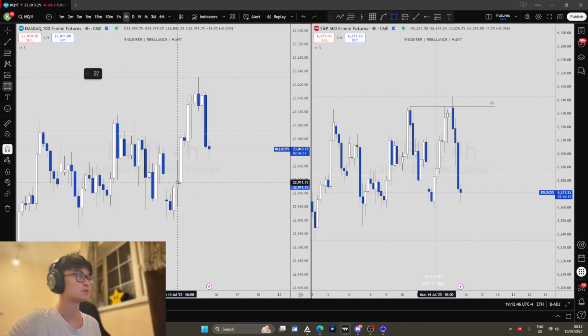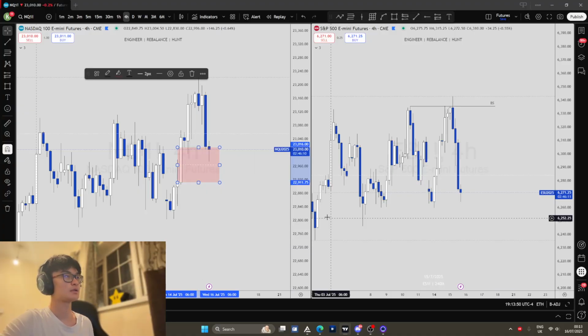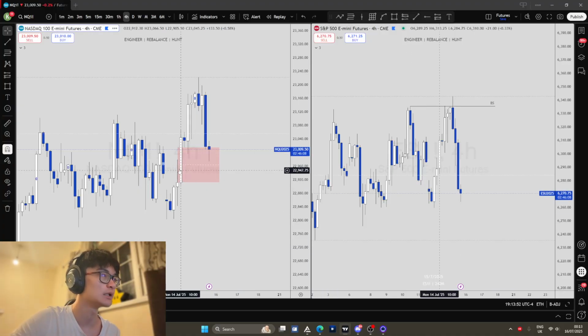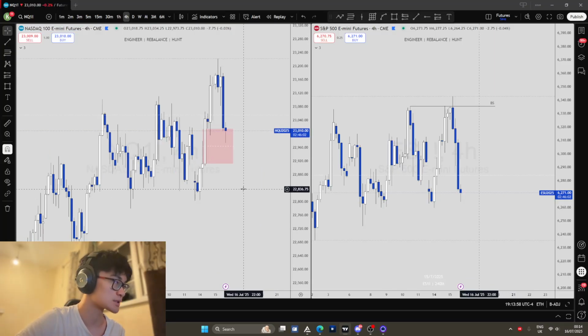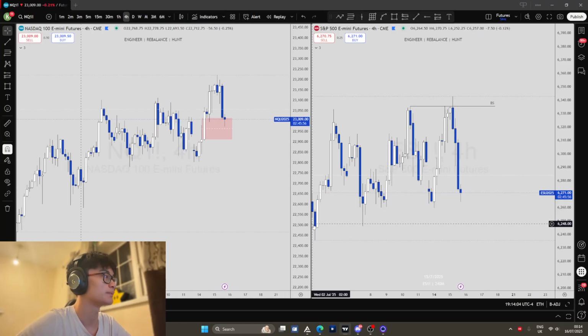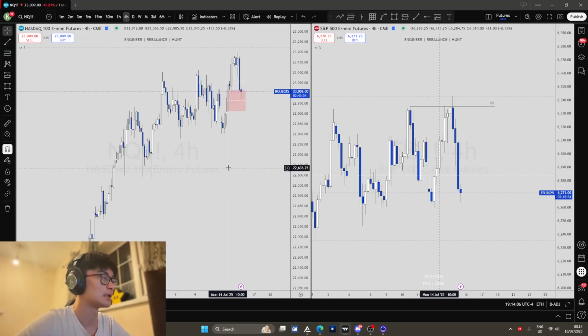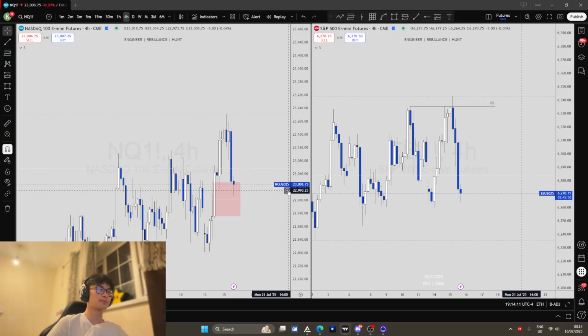Now, why do I involve the volume imbalance even when the wick has crossed consequent encroachment? It's just because I've seen it happen. I've seen this be respected, so I've just been using that.